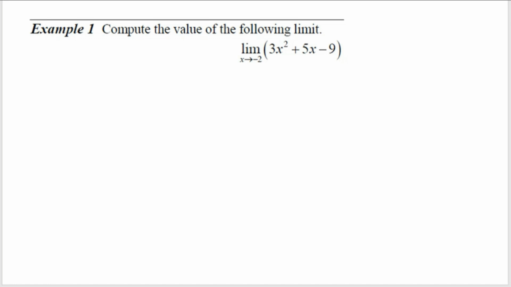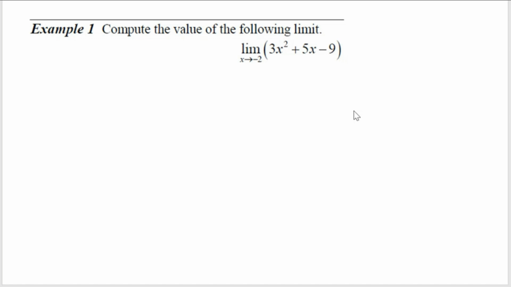When we say estimate, we only assume values of x and solve for f of x, without letting x actually reach that particular value. In this case, we are going to compute. We are no longer going to estimate. So to solve this, we have to use the properties that I have shown a while ago.